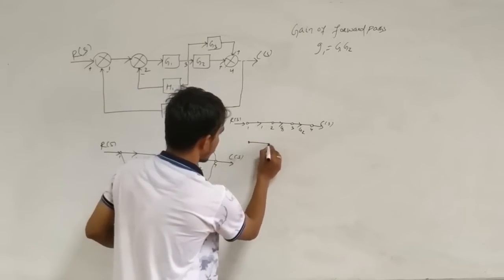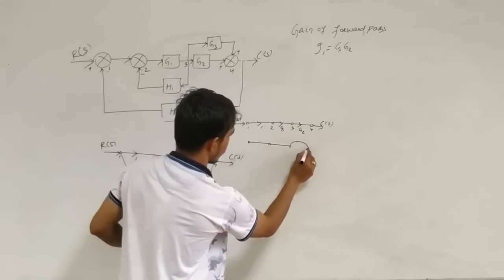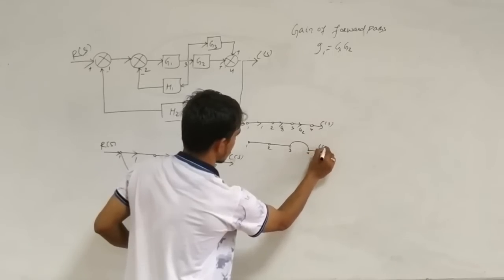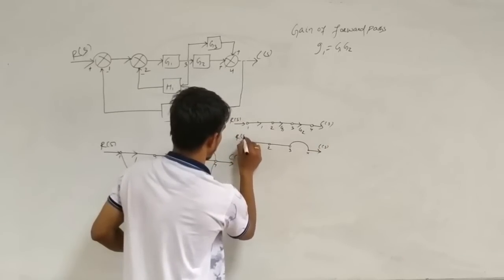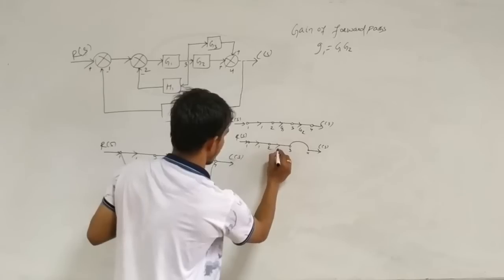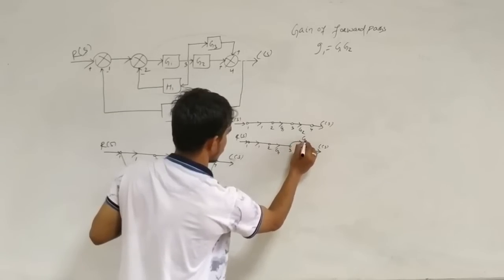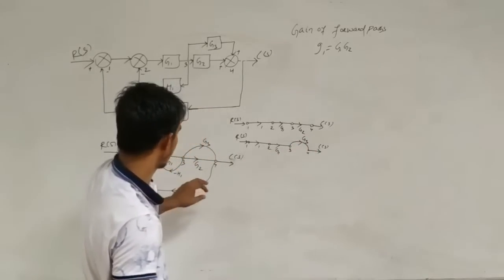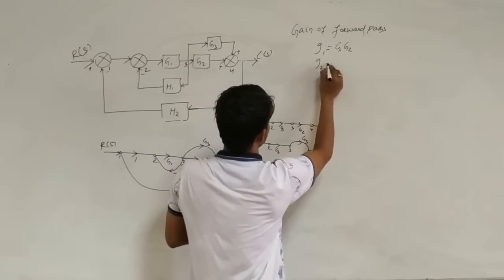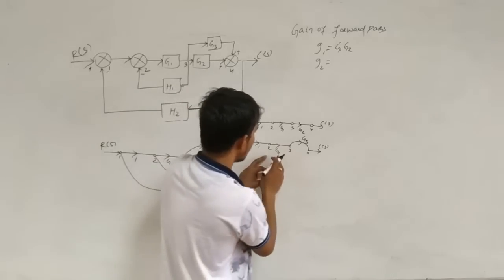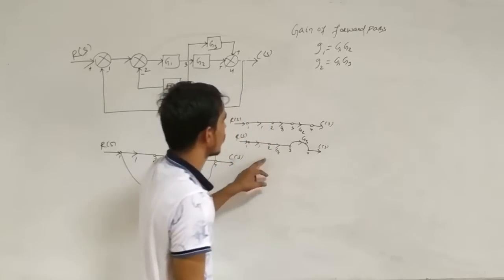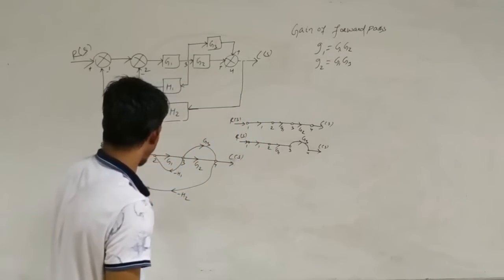The second forward path, g2, will be 1 into G1 into G3, that is G1 G3.